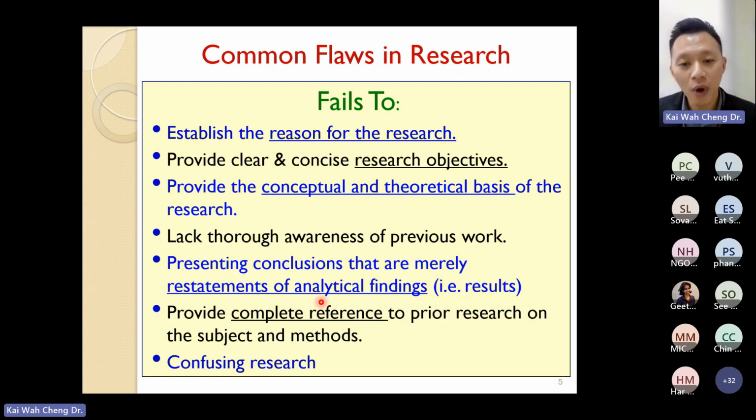So in chapter 4, you should be able to compare the result between your own research and previous research. And of course, the reference list is also very important. You should be able to present the reference list according to the correct reference format.